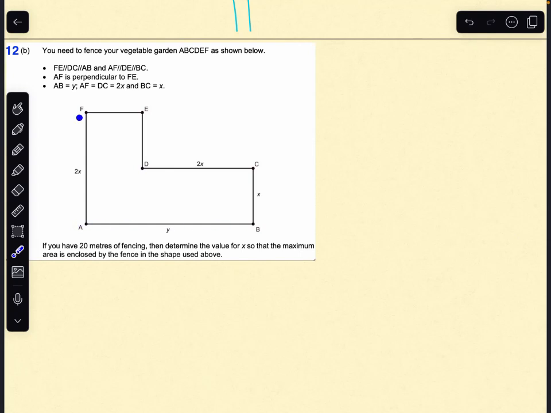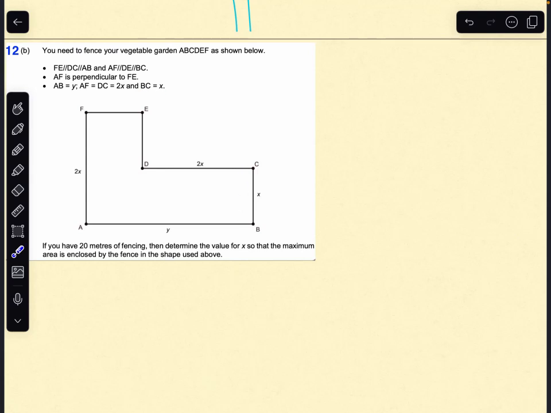And then AF is perpendicular to FE. AB is y. AF is equal to DC, which is 2x, and BC is equal to x.